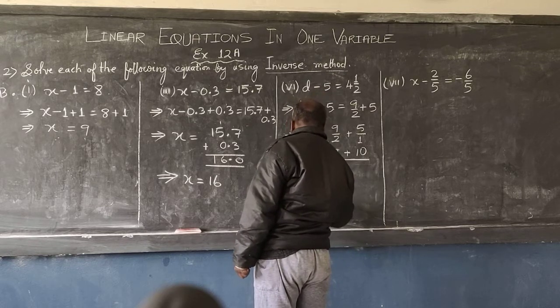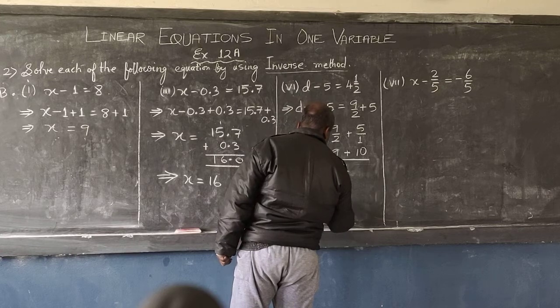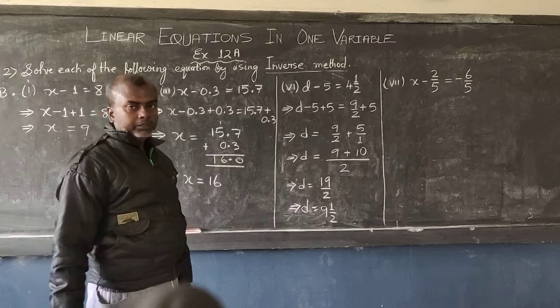If you want to convert that into a mixed fraction, 9 1 by 2. So the b value is 9 1 by 2.